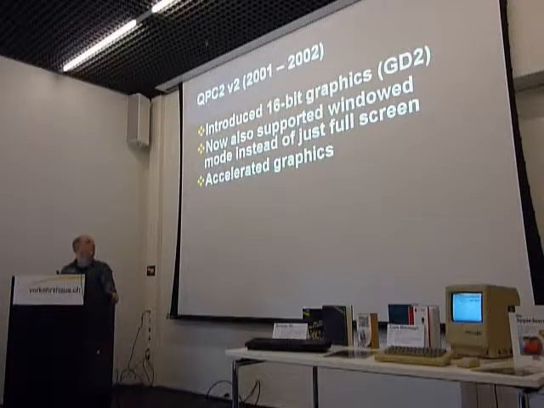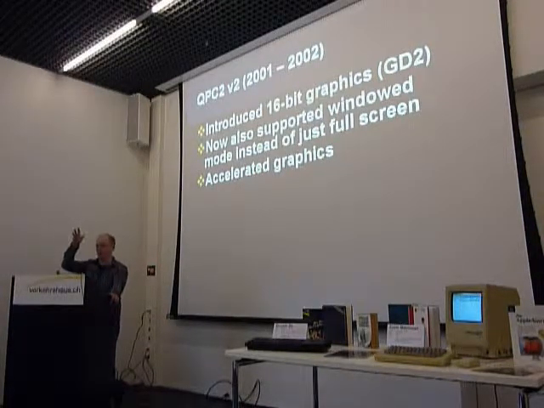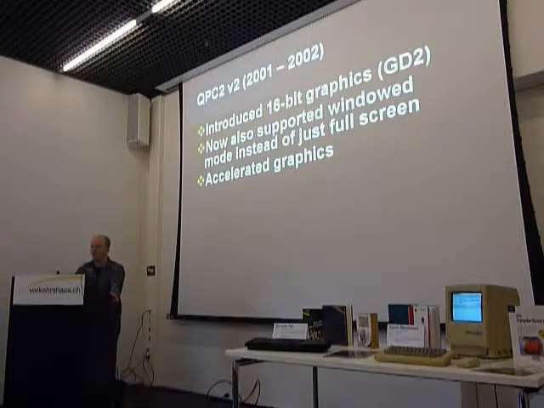It contained accelerated graphics routines, which were necessary because with 16-bit graphics, the video memory became so big that the emulation really had to work very hard to move a window on the screen or something. Big chunks of data had to be moved, so I outsourced that work to PC code.